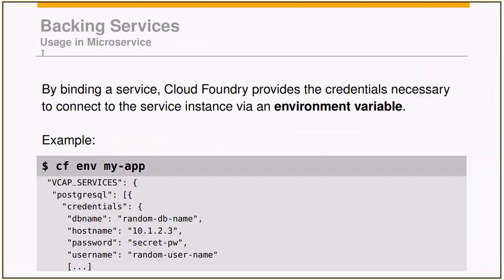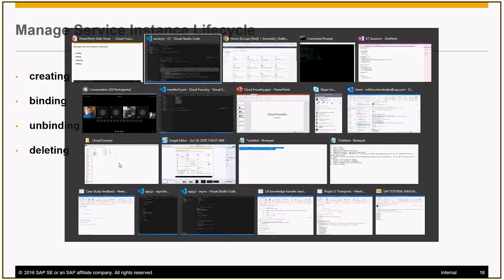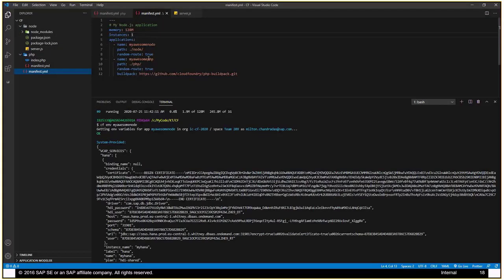Okay, so that's how you are able to read the credentials for the services and connect to it. So the life cycle itself, you create, you bind. Again, binding, we did it through the UI, but you can run it from the command line. Another cool way of doing it is, remember we have this manifest.yaml file.